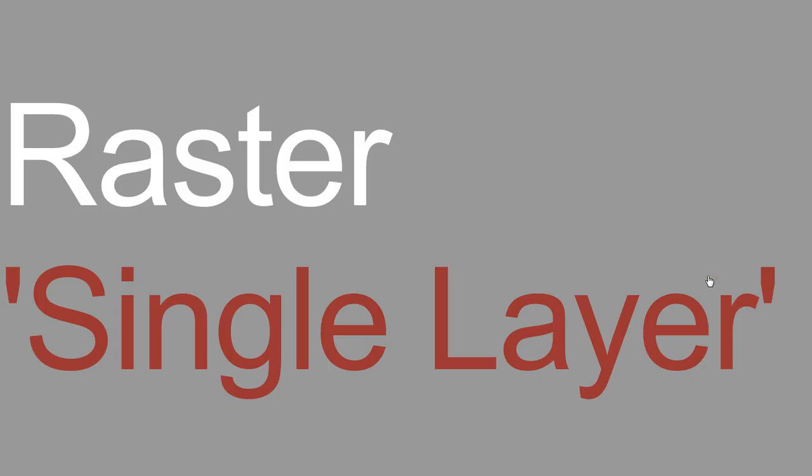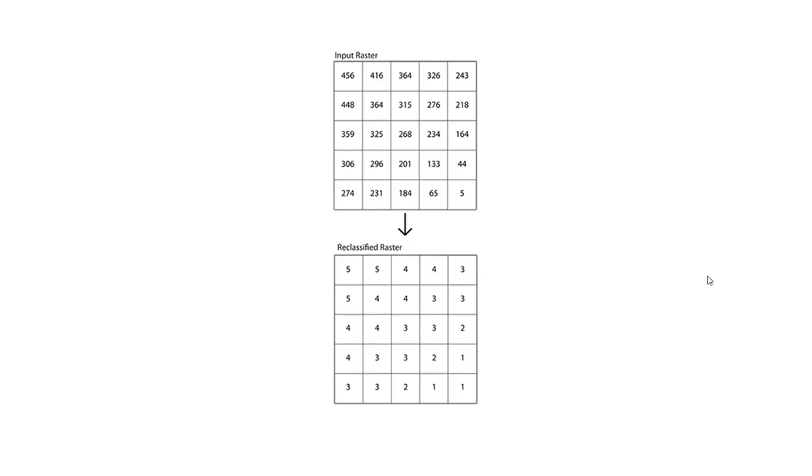And let's take a look at how that works in raster. In raster, a single layer is what we call a reclass. So when we're reclassing rasters, we're going from a series of pretty complex values usually, like the DEM that we were working with in week 5, where we had elevation that was very complex from cell to cell and different cell values from cell to cell.